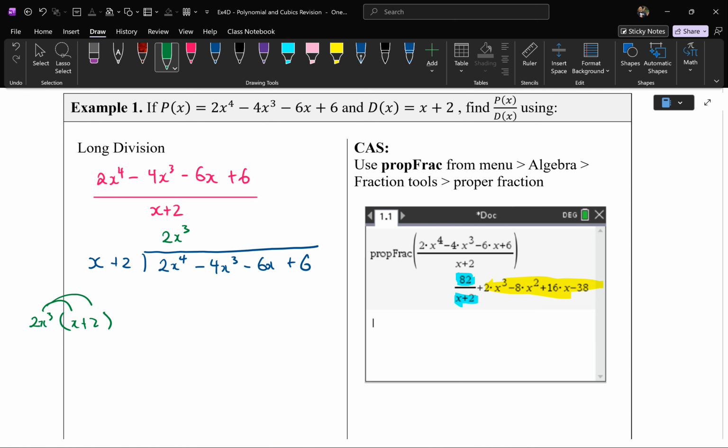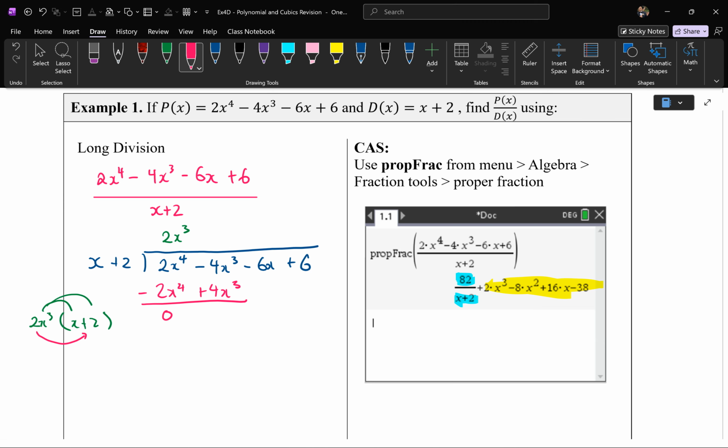So when you expand it, you do get 2x to the power 4. Yes, that's what we wanted. It fits nicely. But then 2x cubed times 2 actually gives you plus 4x cubed. So when you find the difference to find the remainder, be careful of the double negatives here.